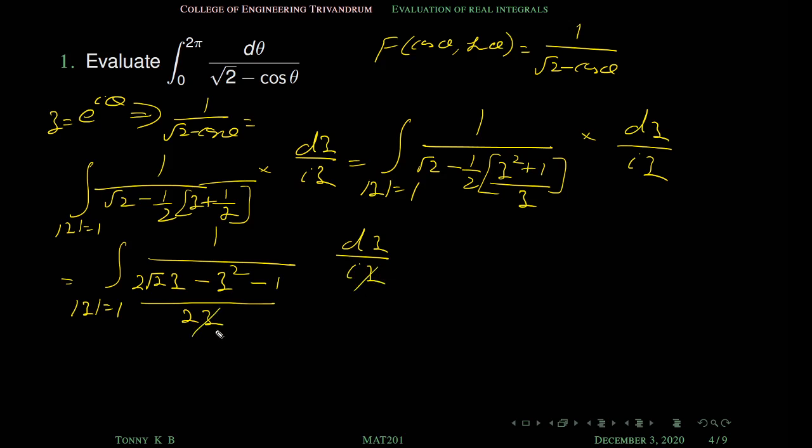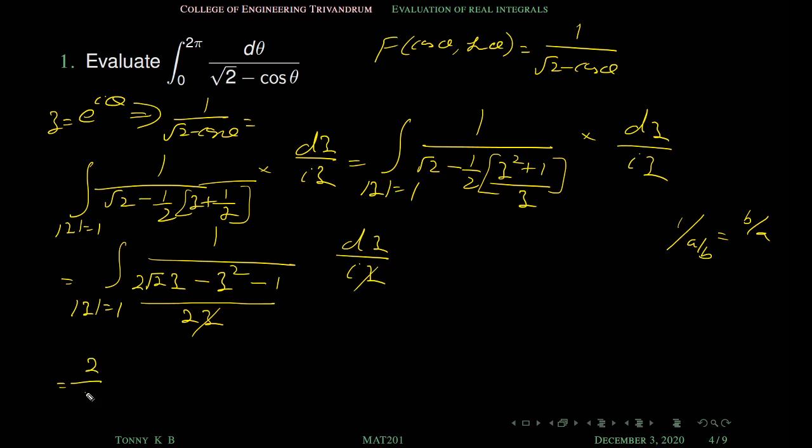Then the remaining term, actually this is of the form 1 by a by b, so this is nothing but b by a. So we can write this as 2 by i, which is a constant, so you can take it outside.